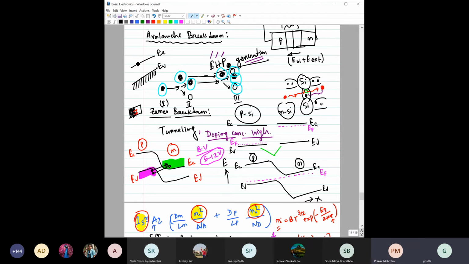Only some of the electrons can go from the valence band after getting sufficient energy and become free electrons in the conduction band, EC. So even if it is n type, the number of free electrons in EC would always be lower than the number of electrons confined in the valence band in the p side.